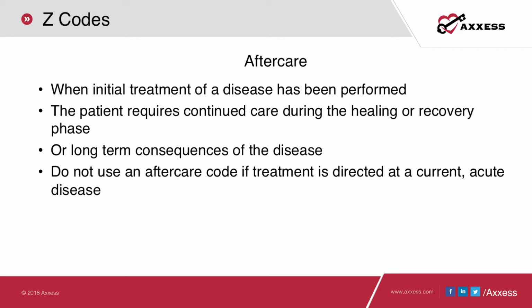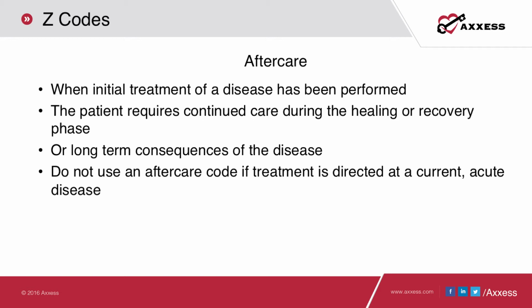Aftercare means the patient had surgery, there are no complications of the surgery, everything's going as it should, but the patient still needs some kind of supportive care during that healing or recovery phase. For example, if your patient went in and had their gallbladder removed, they had cholelithiasis, and they had a cholecystectomy, and there were no complications, and that patient's discharged home on home health services, in that case, you would code aftercare for surgery on the GI system.